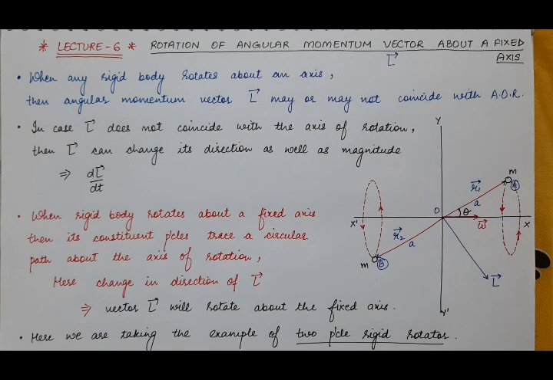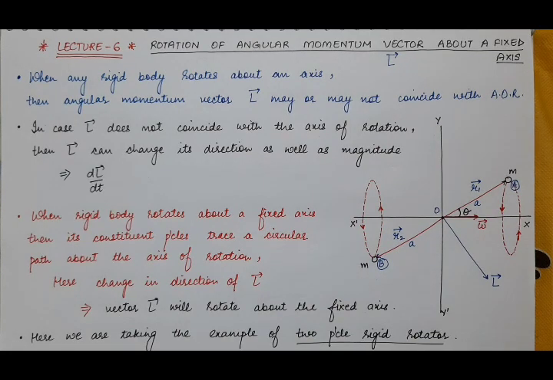If the direction of L vector is changing, it means this L vector will also rotate about that fixed axis of rotation. Now we will understand how the direction of L changes and how this vector L will rotate about the fixed axis of rotation by taking an example.